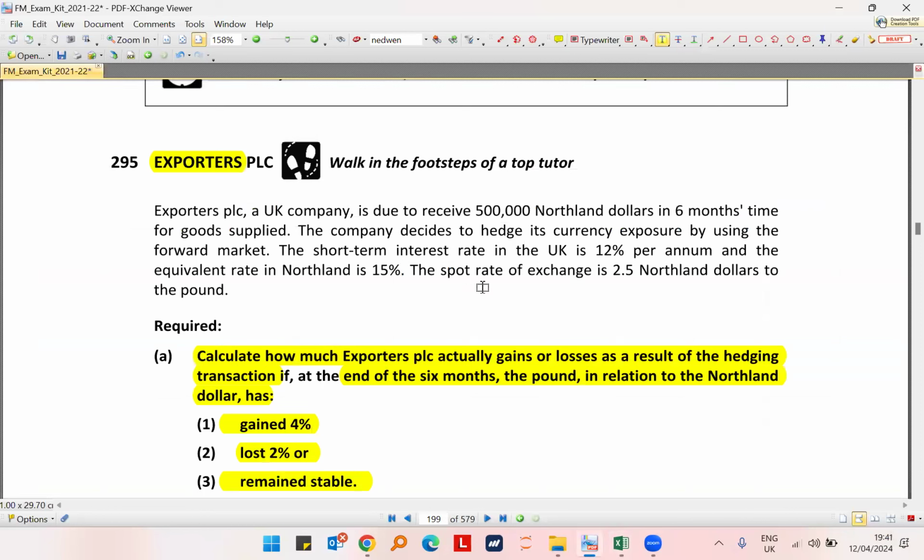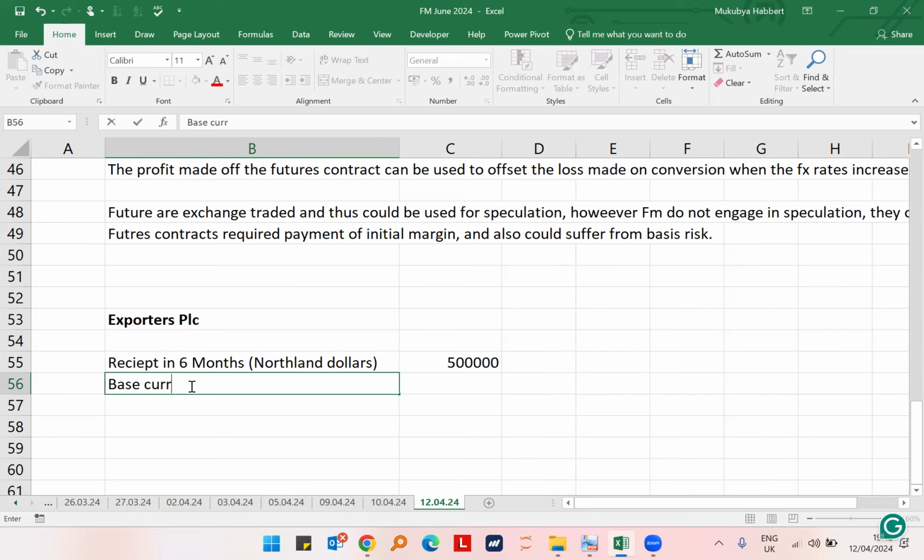Now, if you look at it, they have given us the short-term interest rate in the UK and the one of Northland, but the spot rate is 2.5 Northland dollars to the pound, which means that the base currency is the pound, and then the counter currency is the Northland dollar.